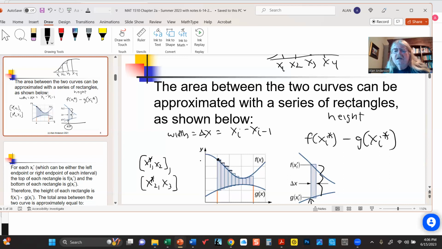It is a constant. Now the heights, on the other hand, can be determined in one of two ways. You can either use the left endpoint or the right endpoint. If we do, we have to be consistent. In other words, if we're using the left endpoint approach, we have to always use the left endpoint. If we're using the right endpoint, we always have to stick with the right endpoint. So that asterisk there indicates that, in this example at least, we've chosen the left endpoint to calculate the areas of our rectangles.